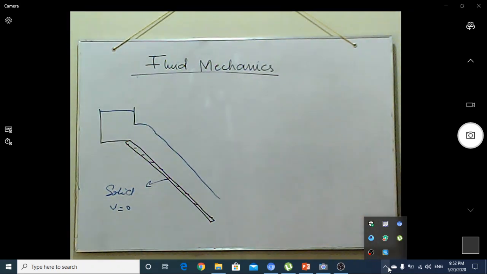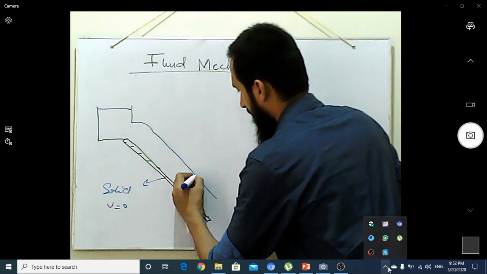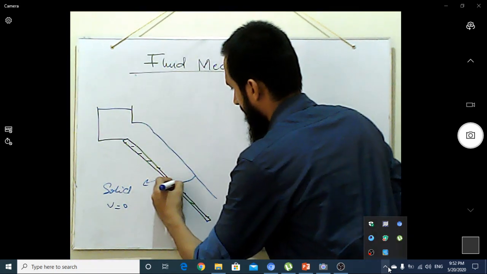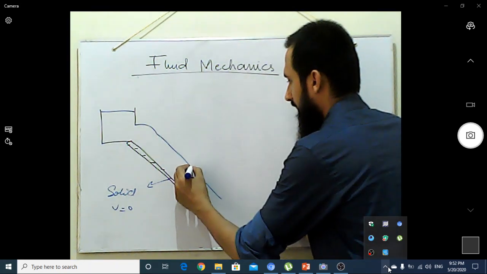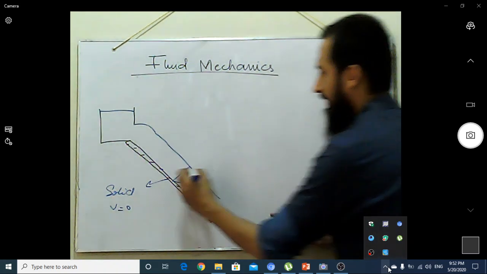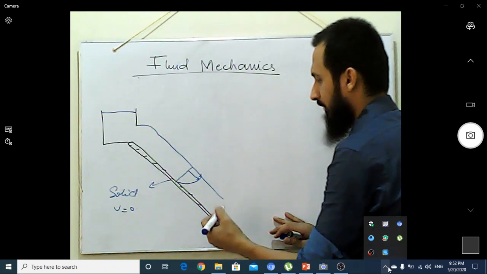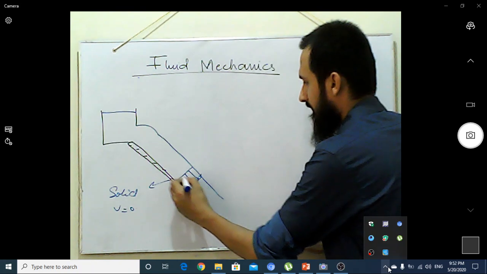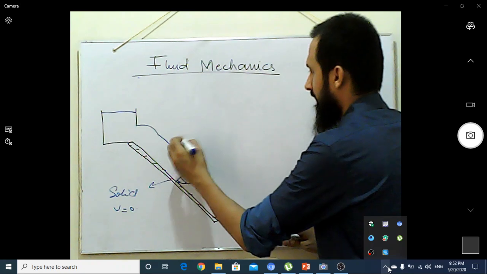If we similarly draw the velocity vectors of each layer of the liquid, we will see it forms a velocity profile in this manner, in such a way that the topmost layer has the highest velocity, the next has a slightly lower velocity, and the velocity gradually decreases, which is called the velocity gradient.